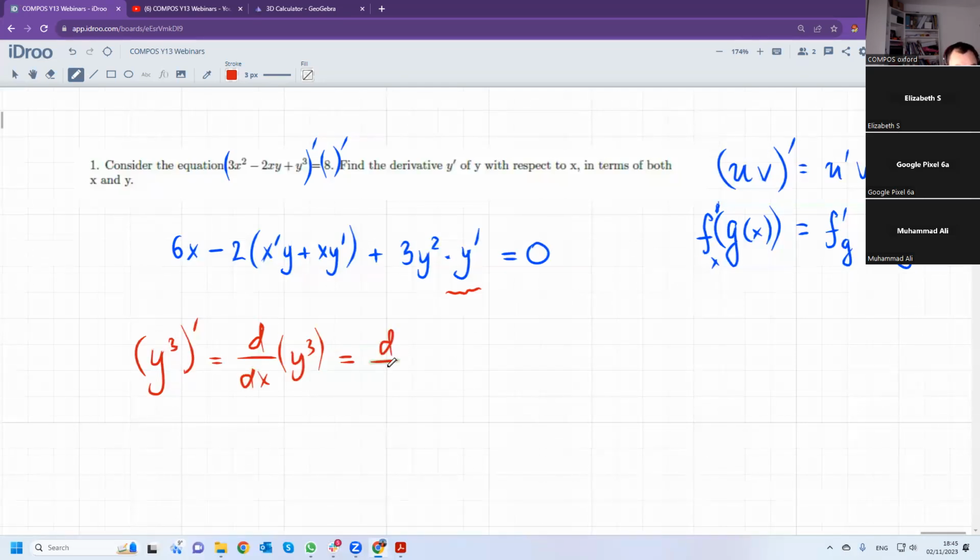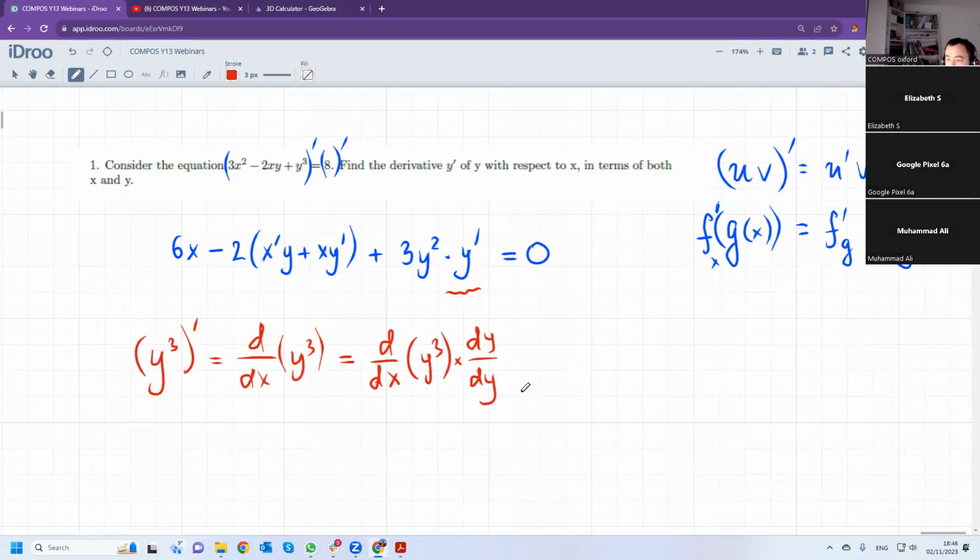I do this by multiplying the whole thing by dy over dy, and dy over dy, understandably, is 1. Sorry, I messed it up. So d over dx of y cubed, I multiplied by dy on dy. So this is 1. I multiplied by 1.